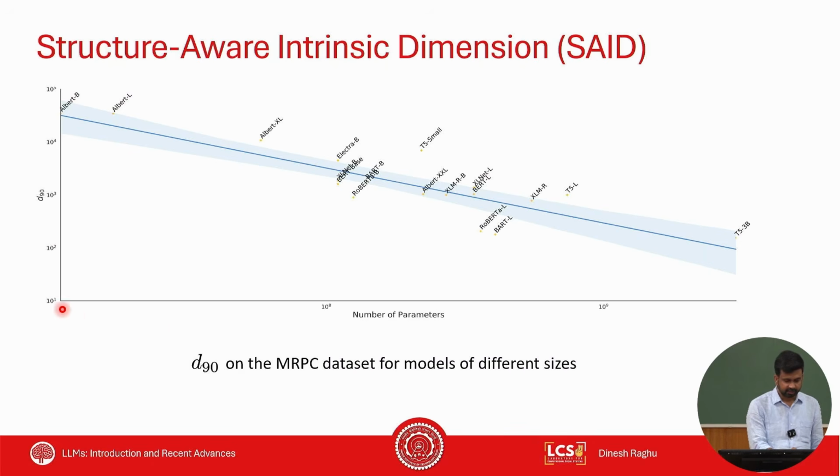The number of parameters in the model is listed in the x-axis, and the y-axis indicates the intrinsic dimensionality. So what we see is that when the number of parameters in the model is small, the intrinsic dimensionality is quite high. As you increase the number of parameters, there is a steady decrease in the value of D that is necessary to learn the task.